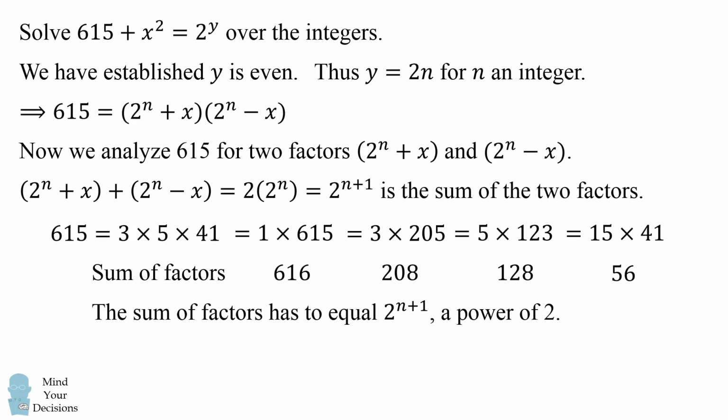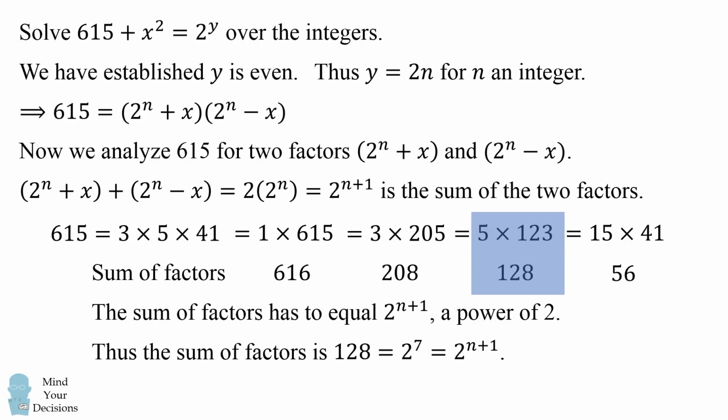We need it to be a power of 2. And of these four numbers, only 128 is a power of 2. So the sum of factors, if there's a solution, would be 128, which equals 2 to the power of 7, which equals 2 to the power of n plus 1. Therefore, n is equal to 6, and then y is equal to 2 times n, which is 12.